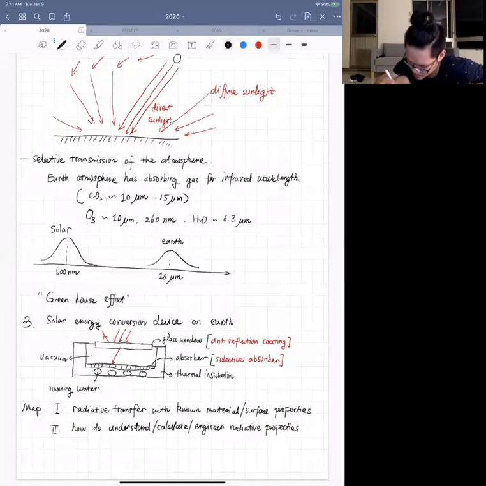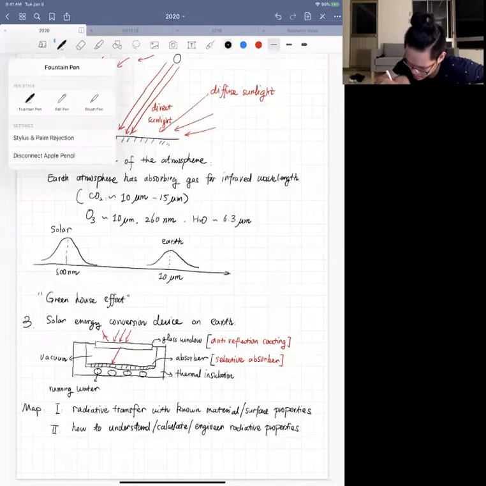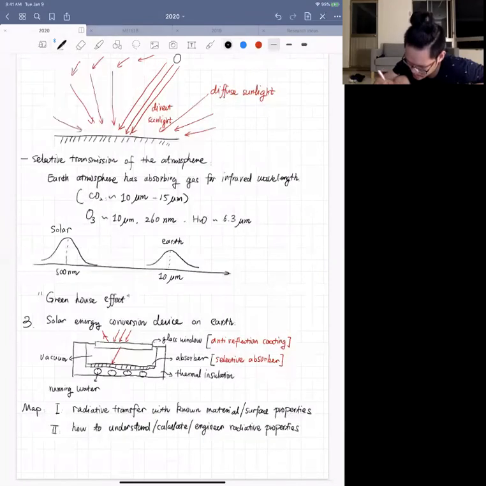Basically we need to understand the physics behind the reflectance, the transmittance, and the absorptance. How can we calculate them given a new material, for example, and how can we engineer them, how can we change them? Mostly through surface treatment, surface engineering.